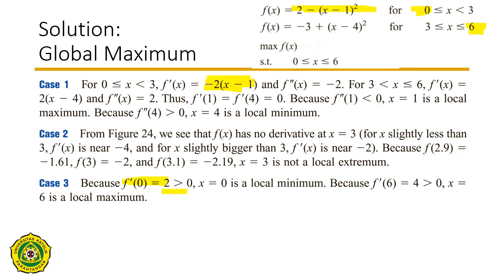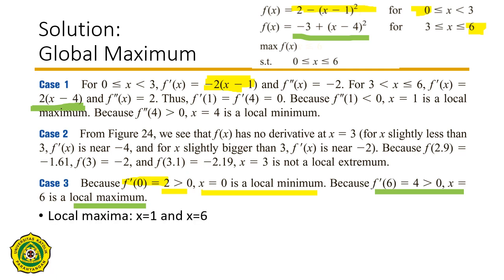Because the first derivative is positive, x equals 0 is a local minimum. And then for x equals 6, we use this function, take the first derivative, and plug in 6: 2 times 6 minus 4 is 2 times 2 equals 4. So it is positive, and this endpoint x equals 6 is a local maximum.